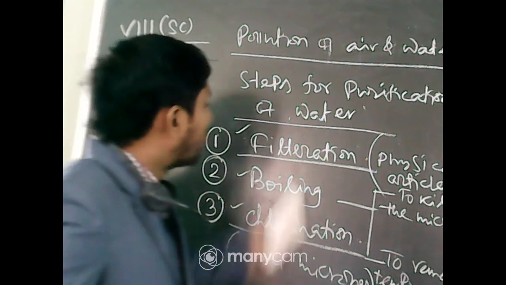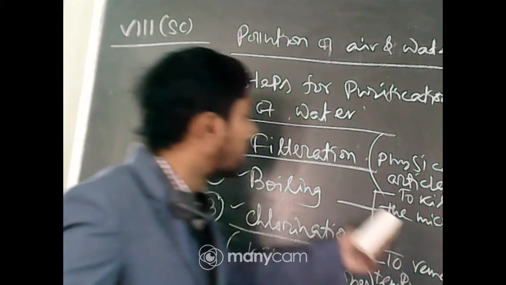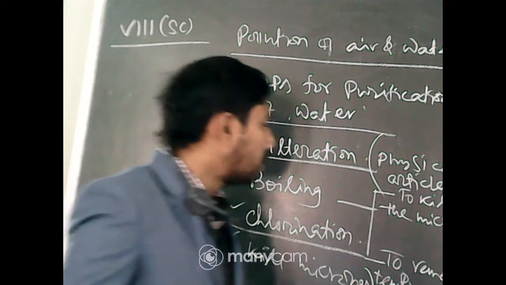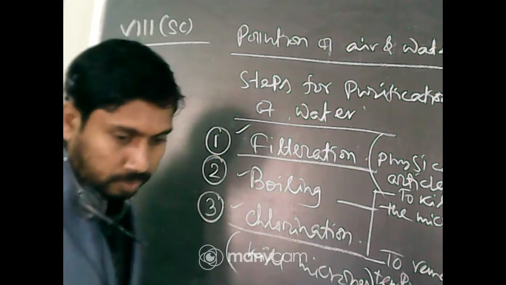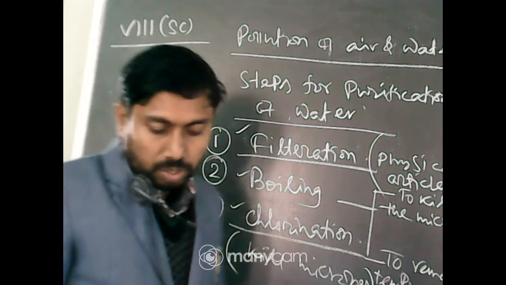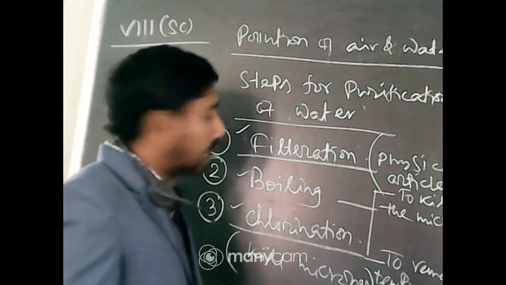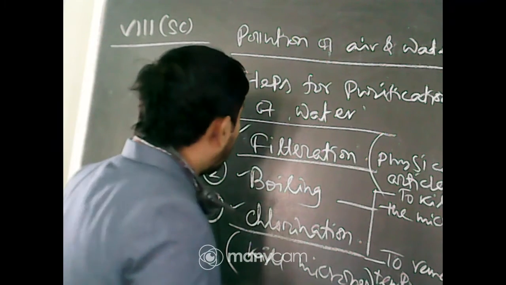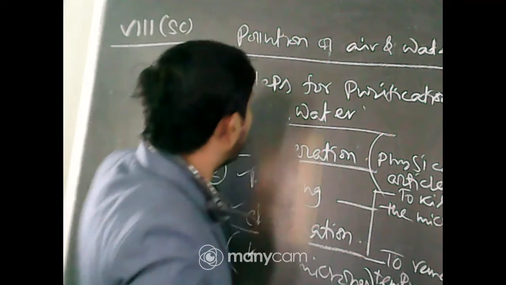So filtration's role is to remove physical particles, boiling to kill the microbes and remove temporary hardness, chlorination to kill the microbes. Questions may arise from there: what are the steps of purification, and what is the role of these processes, which is given here in the book.